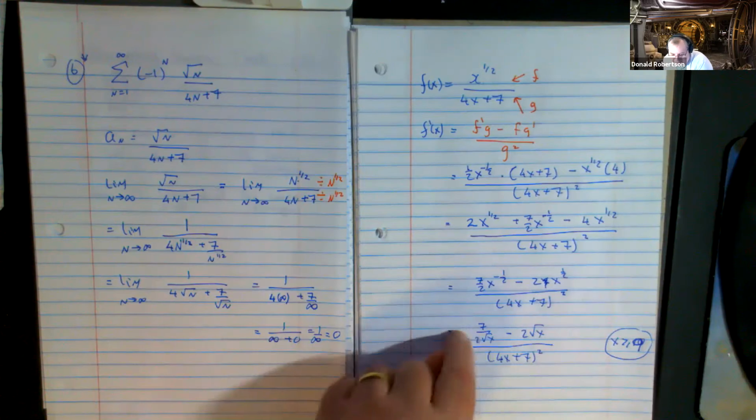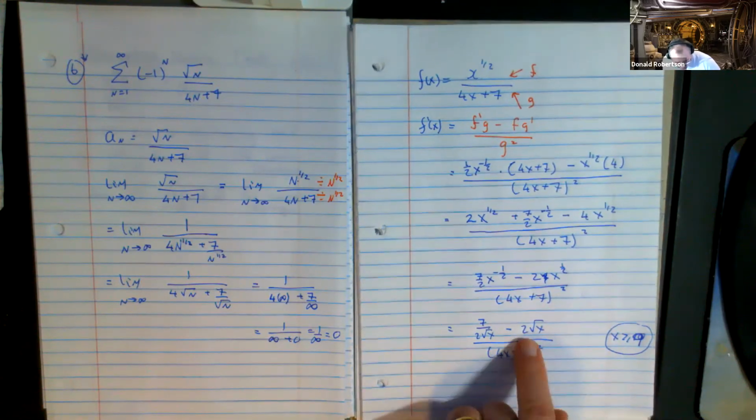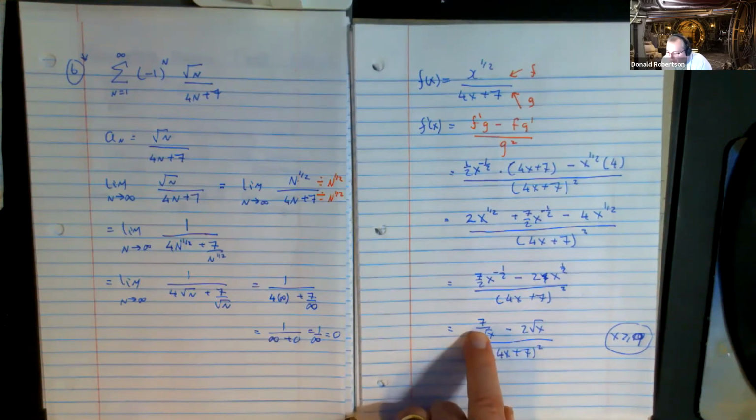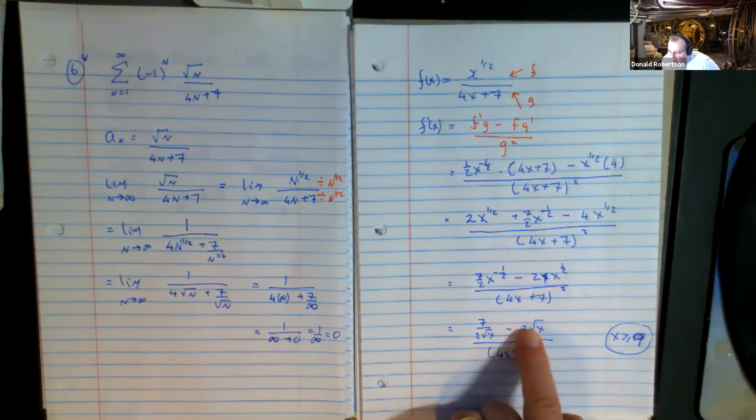This top expression is not easy to look at, but it is possible to do it. Would you agree that once x gets reasonably big, won't 2 root of x be more than this fraction? Can you imagine by the time x gets to 100 or something, won't this be bigger than that? Which means, won't you get a negative answer on the top?